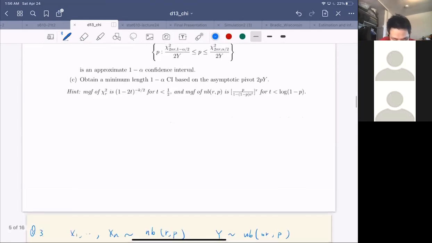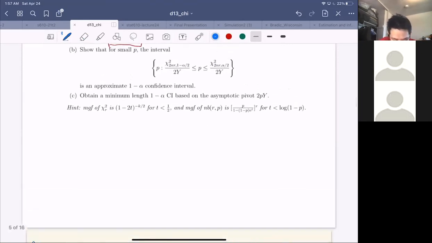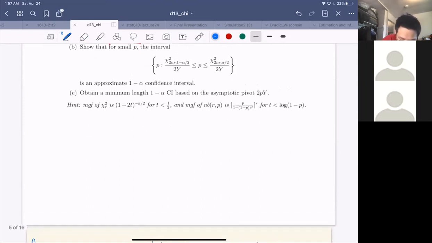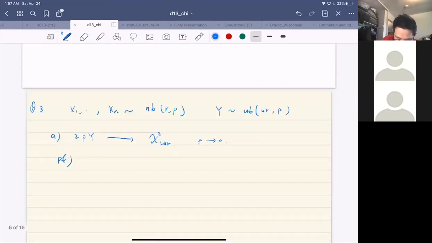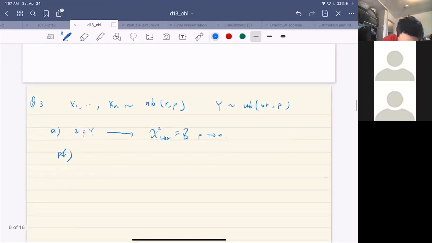So let's find the moment generating function first. We know that the moment generating function of the chi-square looks like this. So let's say this variable is Z. So the moment generating function of Z at t.